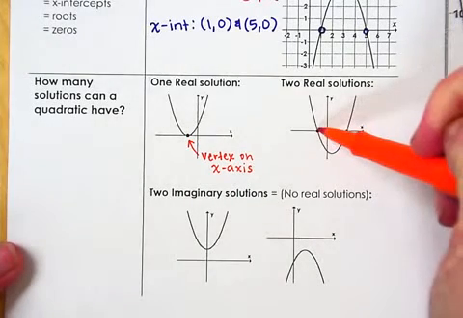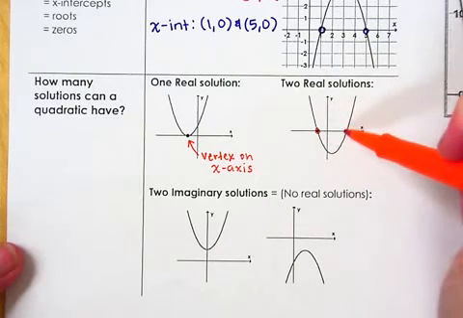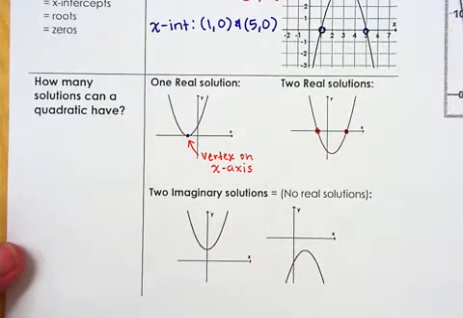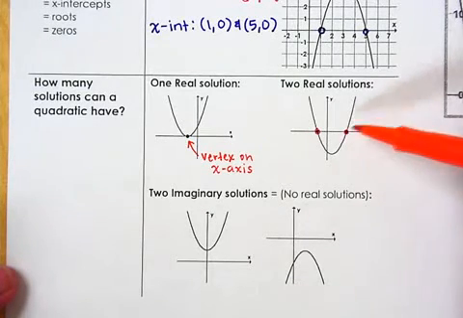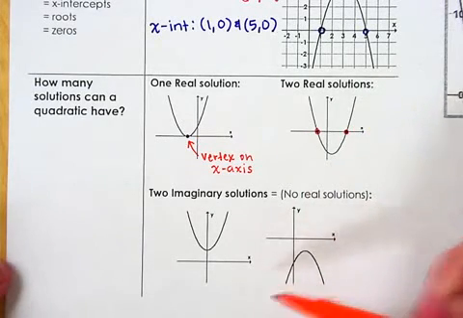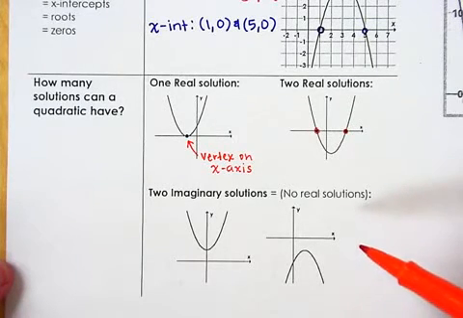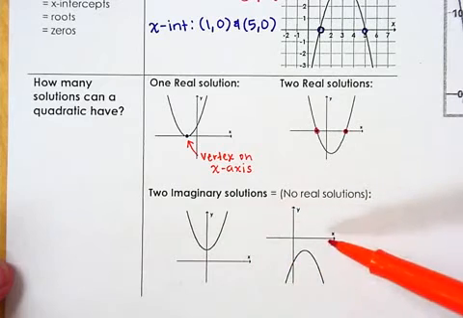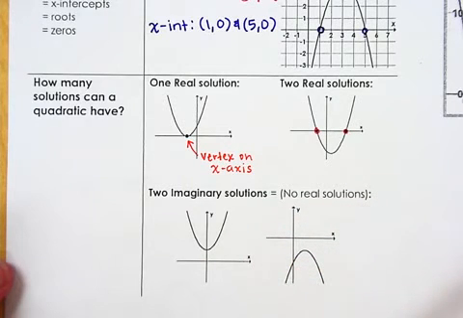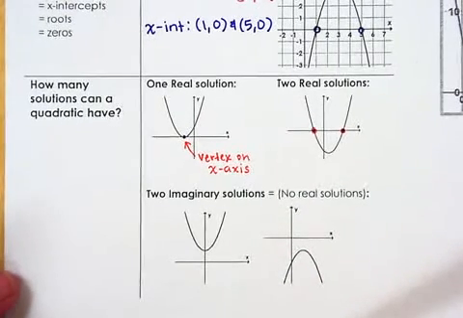A quadratic can have two solutions when it crosses the x-axis in two places. A quadratic can have two imaginary solutions, or we would say no real solutions, when it doesn't cross the x-axis at all. There are two examples there, so you can see. We're going to talk more about those as we move into something called the discriminant in another lesson.